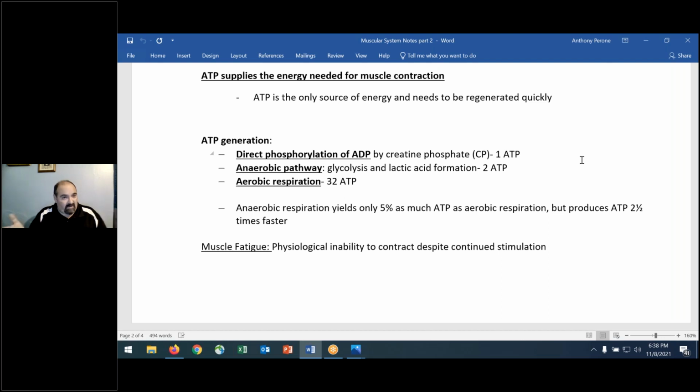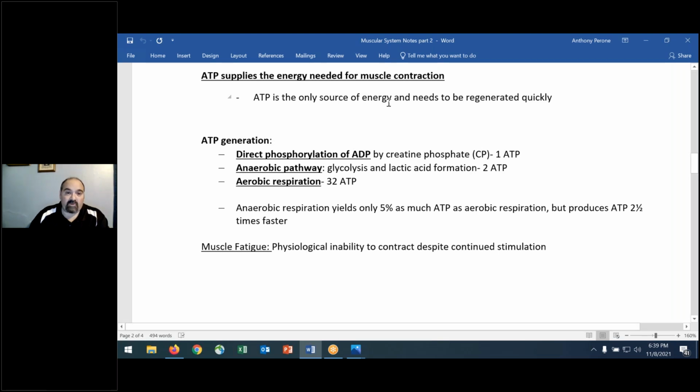They're not in a living human, and as a result, no ATP is produced. So the cross bridges do not separate. The myosin head and actin do not separate, and as a result, we have that rigor that takes place, that sustained contraction, that takes hours, like half a day or closer to a full day, for the muscles to relax and to not be in a sustained state of contraction.